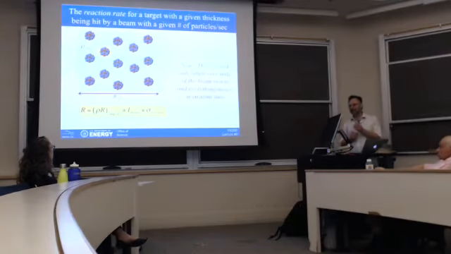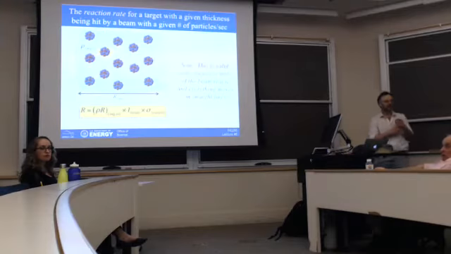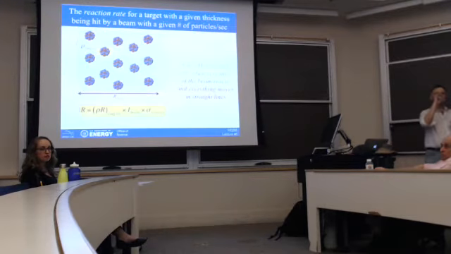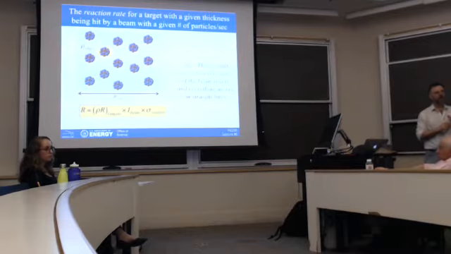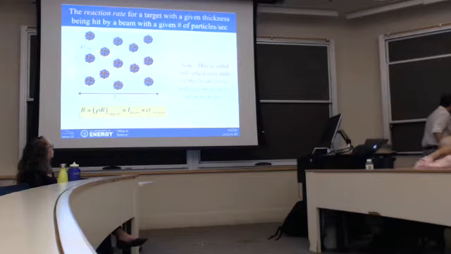Other questions? Okay. Wait, I think I have a question right now. Oh, I'm sorry. Yes. So is the rho the areal density or the density times the thickness? The rho is just the density.